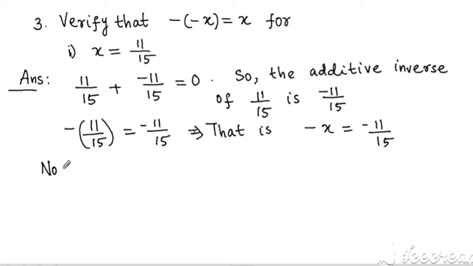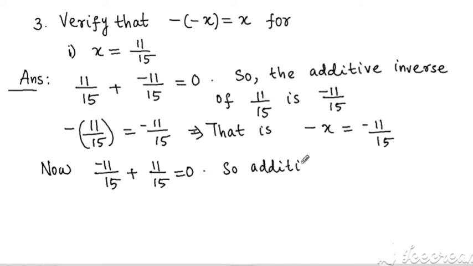Now we have to take one more negative. We know that negative 11 by 15 plus 11 by 15 equals 0. So we can say that the additive inverse of negative 11 by 15 is 11 by 15.